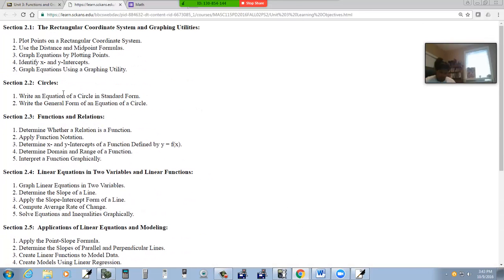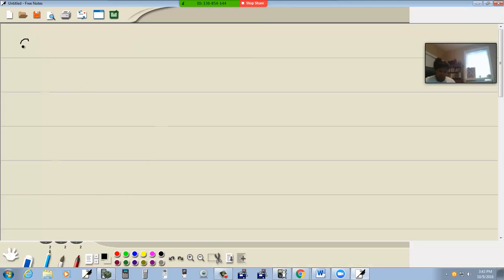Okay. Let's go back up here to circles. It says write an equation of a circle in standard form. Now for a circle, our standard form looks like this.